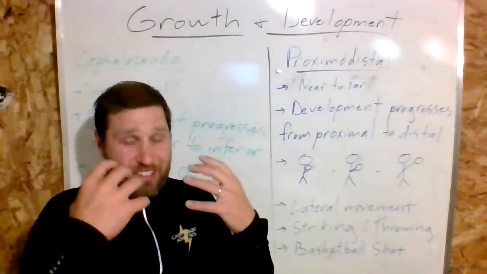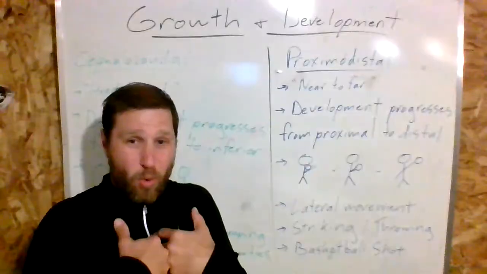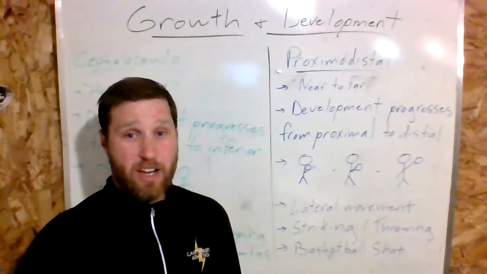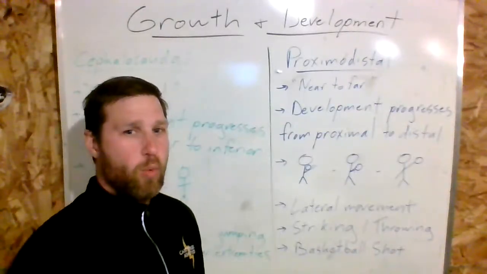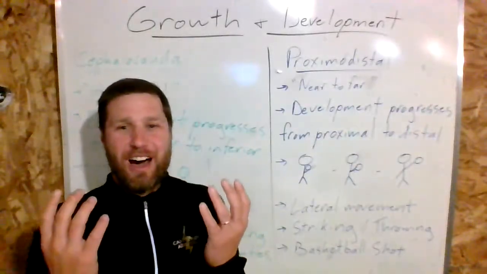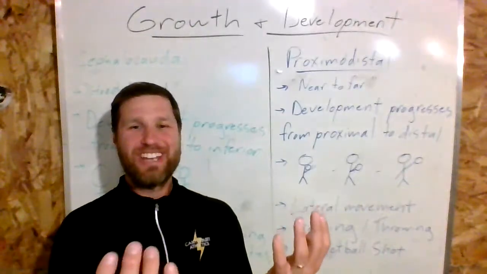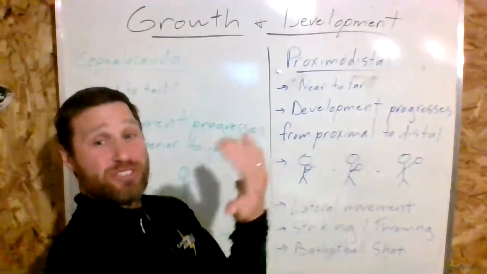So it's that core idea. It's that idea of not just head to tail, but this core, this middle and outward development of motor skills. We see this really demonstrated well with catching. If you watch a beginning catcher, a young toddler learning to catch, what you'll notice is that they're going to trap the ball close to their body.